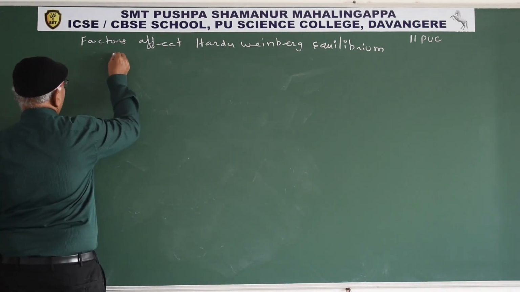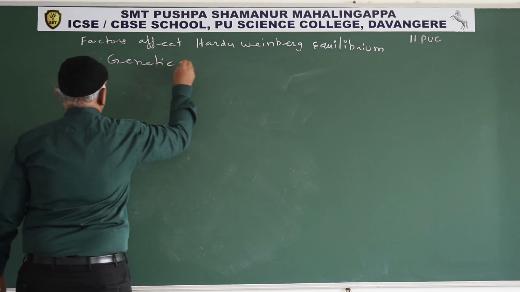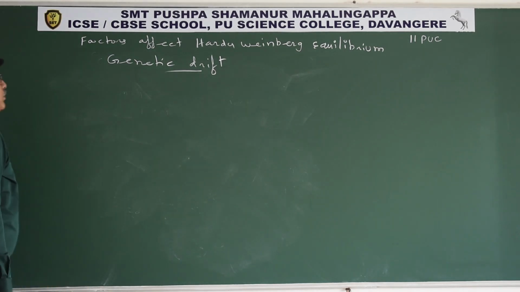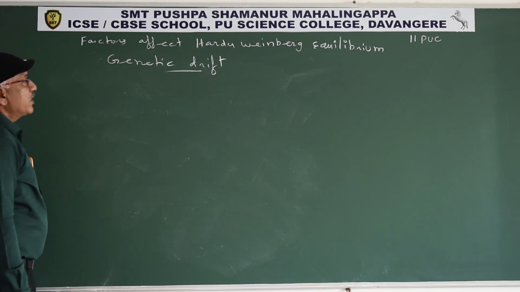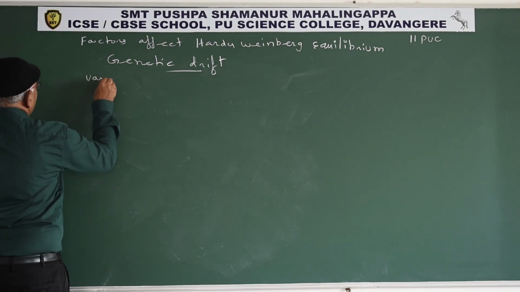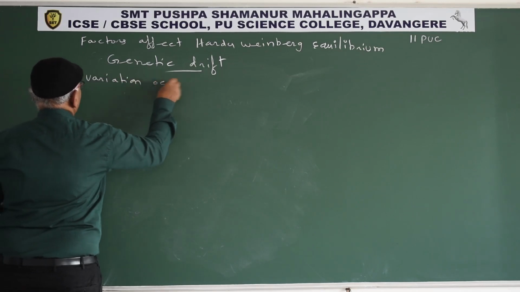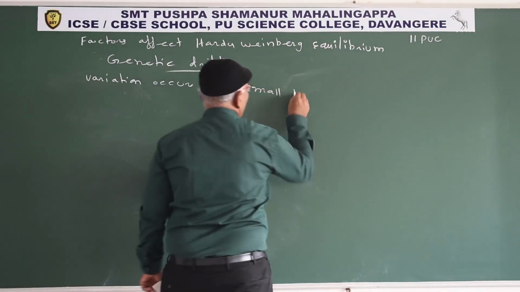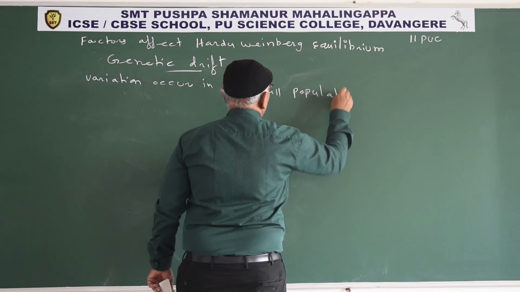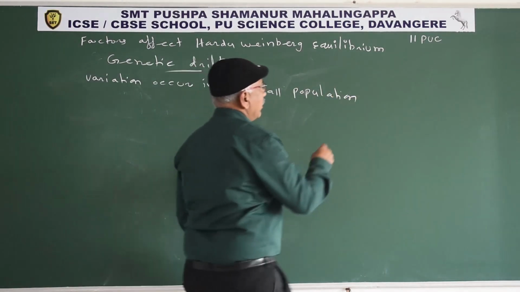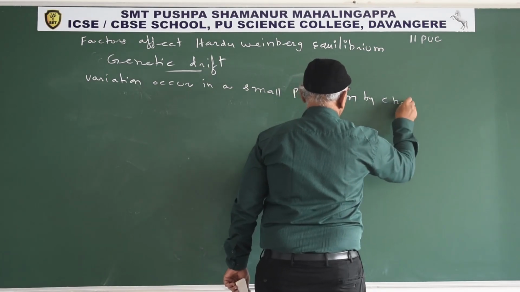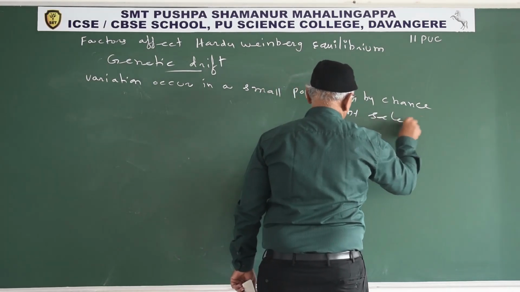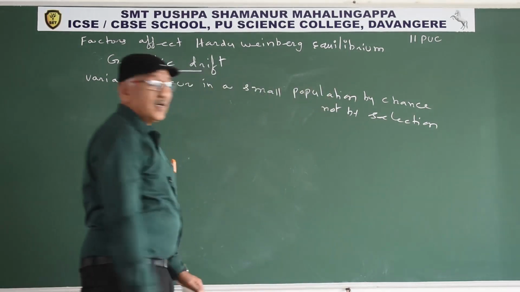Genetic drift. Variation occurring in a small population by chance, not by selection, is known as genetic drift.